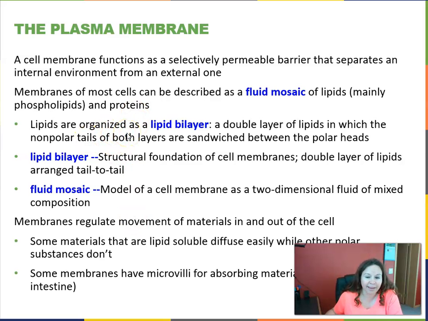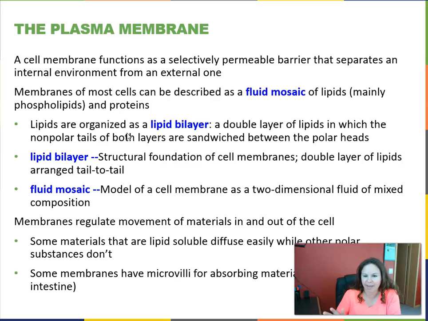Lipids are organized as a bilayer, that's a double layer, and if we remember from our last chapter, there's a phosphate group at the end of each of the phospholipids, and the phosphate group gives the end of the lipid a negative charge, which makes it polar and okay with being around water. It makes it hydrophilic.